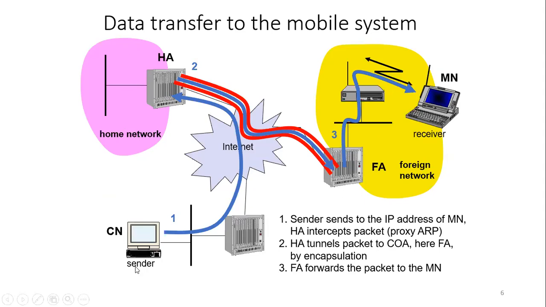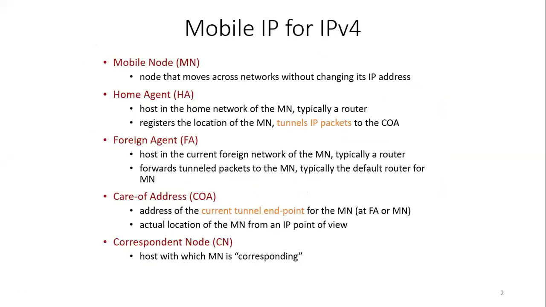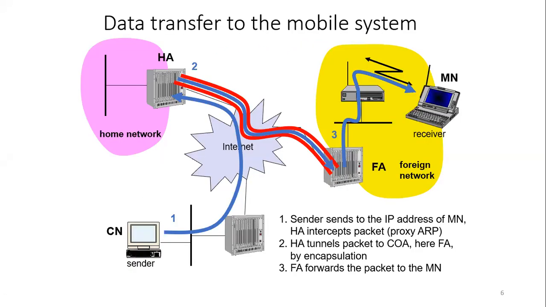The sender, the correspondent node, doesn't know that you are moving, so it has the same IP address as you had originally under home, under the home agent. So the correspondent node puts that IP address. It first goes to the router of the home agent, and the router will forward you the packet.